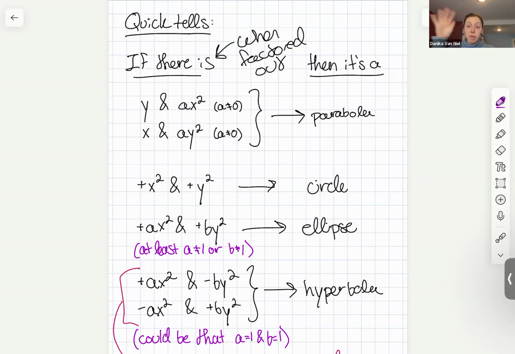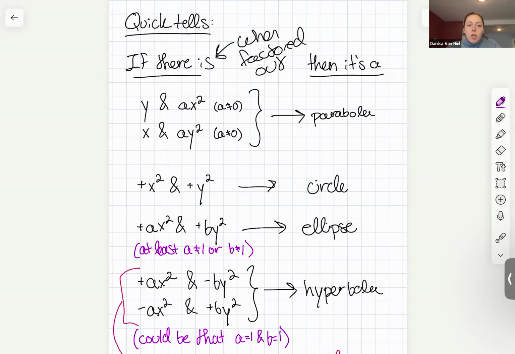And x squared is the biggest power of x that you have. If you have a positive x squared and a positive y squared, that's a circle. But if you have a positive a x squared plus b y squared, where at least one of a or b is not one, then that's an ellipse.